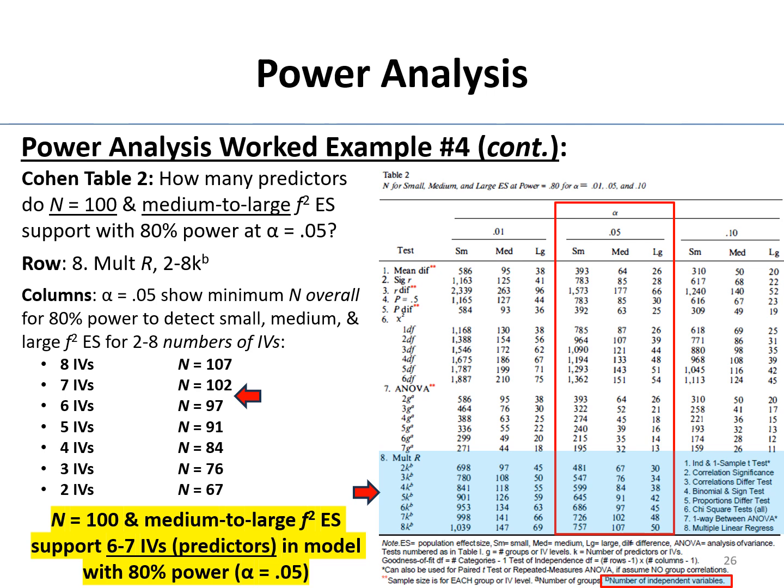Well, this researcher can support somewhere between 6 and 7 predictors in their multiple regression model based on a sample size of 100 and that R squared of 0.20, which was the equivalent of an F squared of 0.25, and still maintain 80% power and alpha level of 0.05. So hope you learned something about power analysis today, and remember it when it comes time for your dissertation.